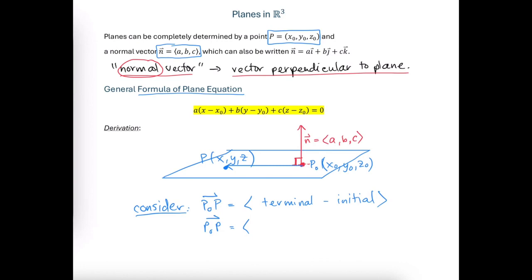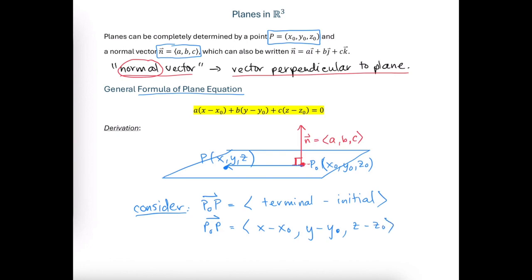So vector P naught P is going to be the terminal point of P, which is x, minus the initial x naught, terminal y value y minus initial y naught, terminal z value z minus initial z naught.